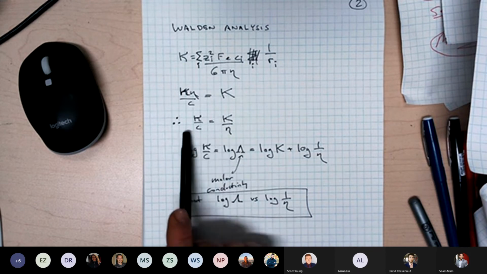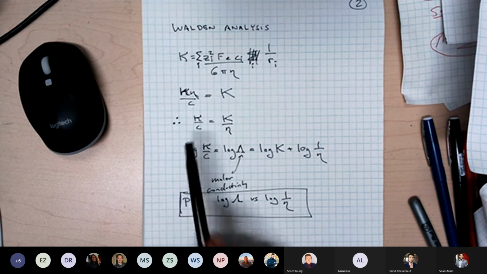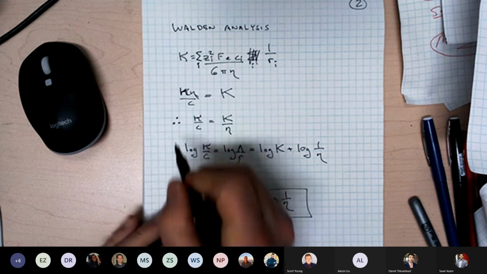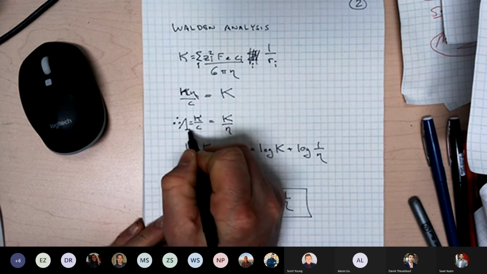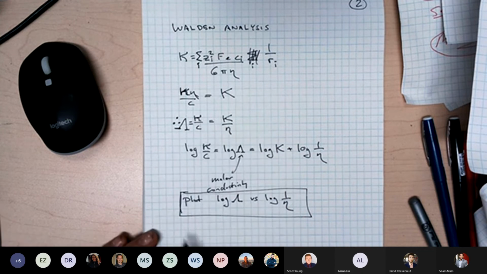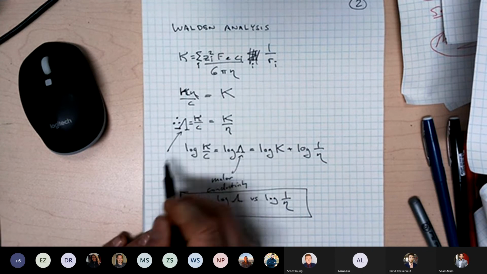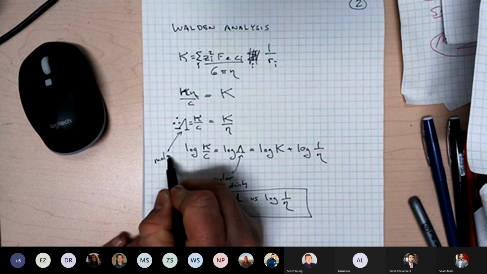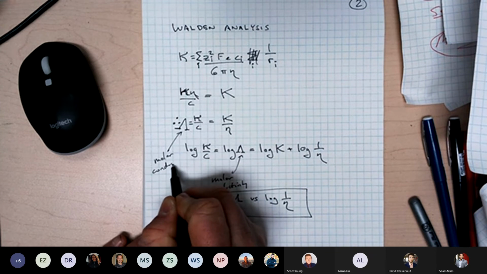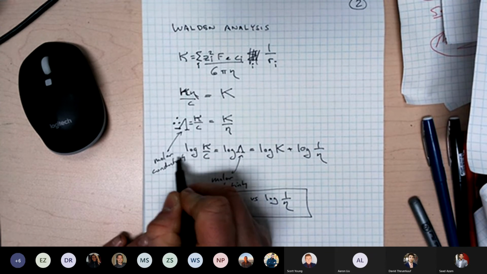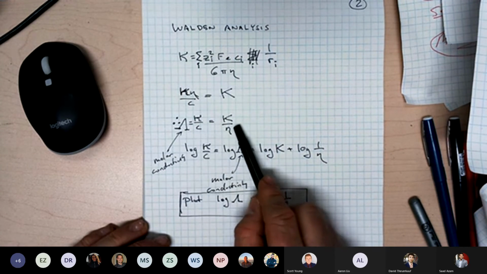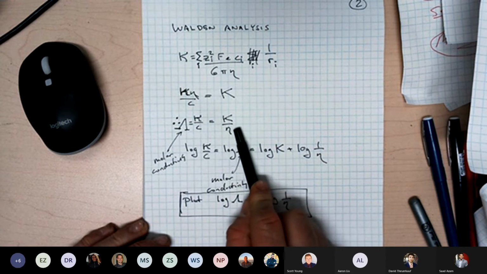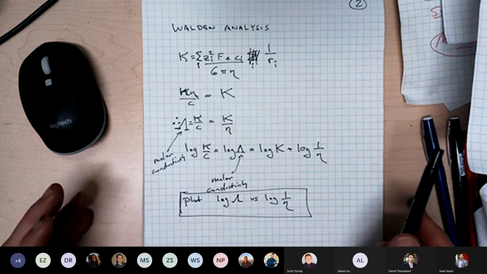So that means the conductivity over the concentration, and that's called the molar concentration, it's given the symbol, that thing. So that's called the molar conductivity. The molar conductivity plotted versus 1 over the viscosity should give a straight line.